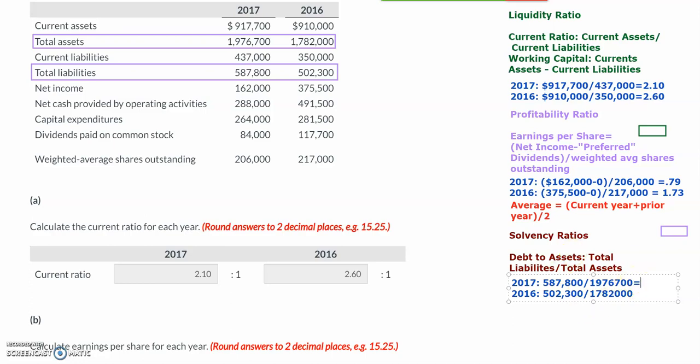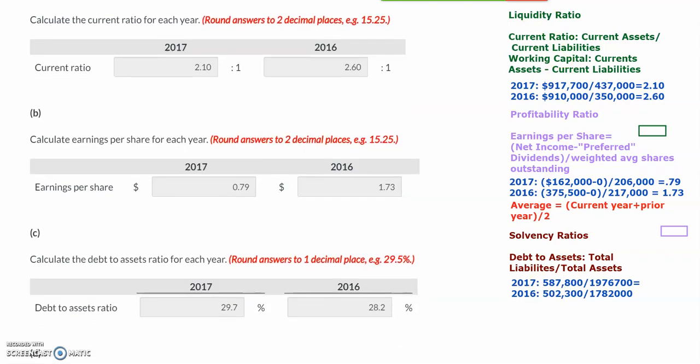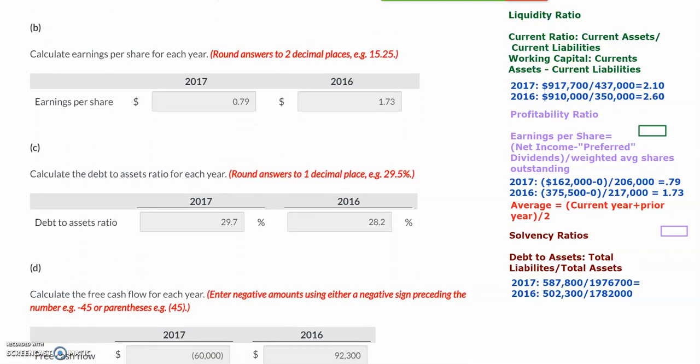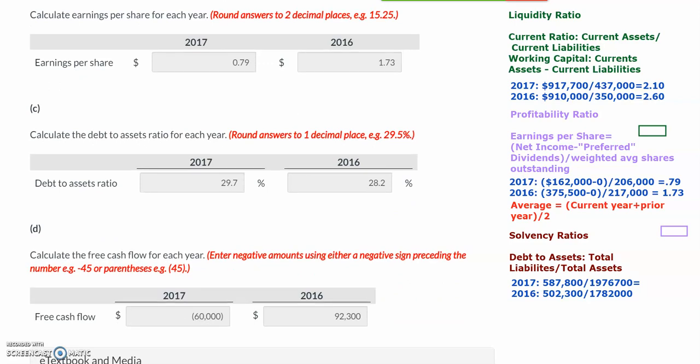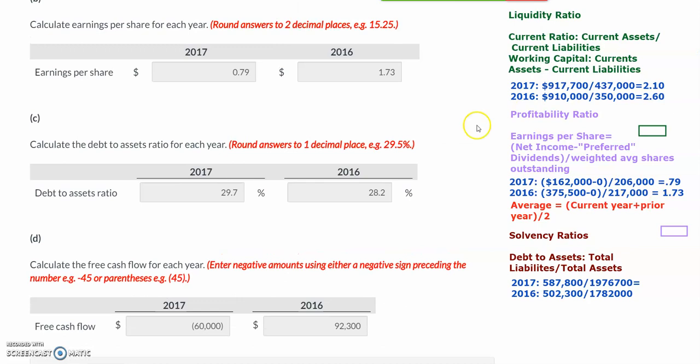One thing I want to point out is that for our debt to assets ratio, you want to have a lower number, not a higher number, because you want to have less liabilities in proportion to your total assets. So keep that in mind as well. And you can see that with our debt to assets ratio in 2017, we have 29.7%.